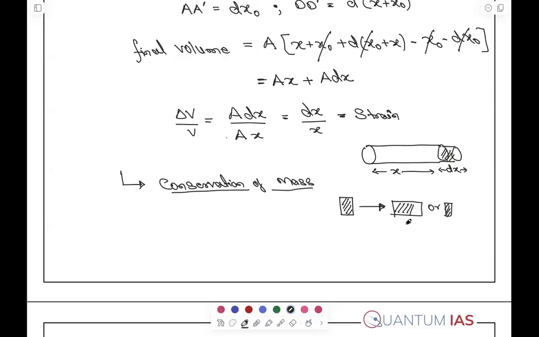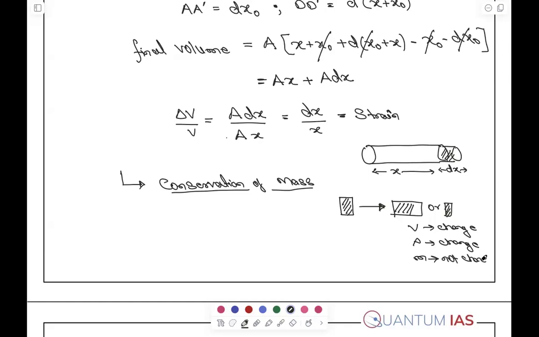So the volume can change and the density can change, but the mass will not change.